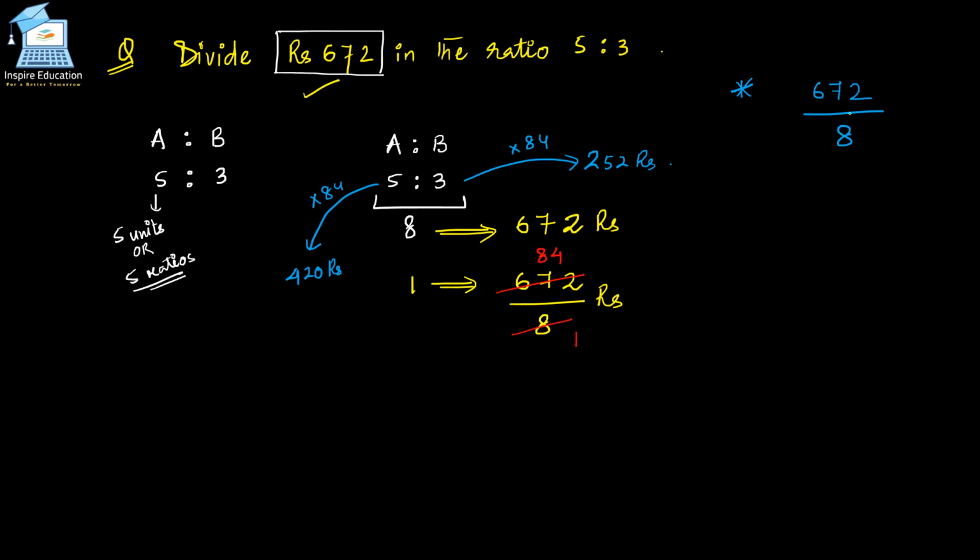Original total by fake total, into whose ratio, whose share you want to find. If you want to find A's share, multiply by 5. If you want to find B's share, multiply by 3. This is the way we are going to do it in the examination.